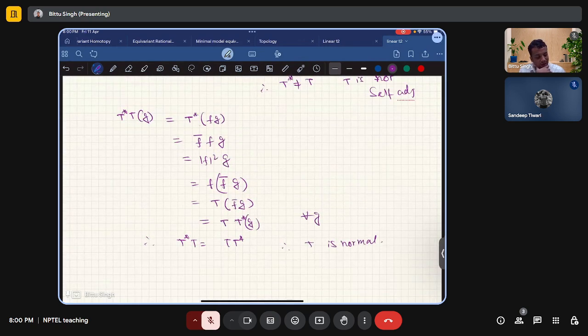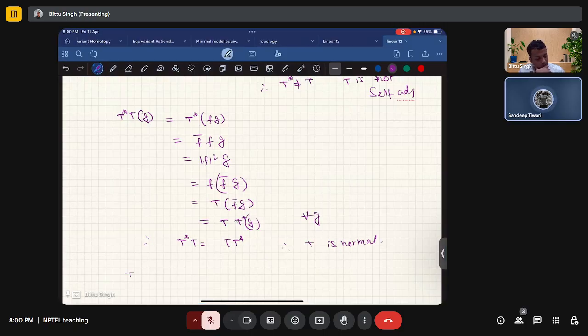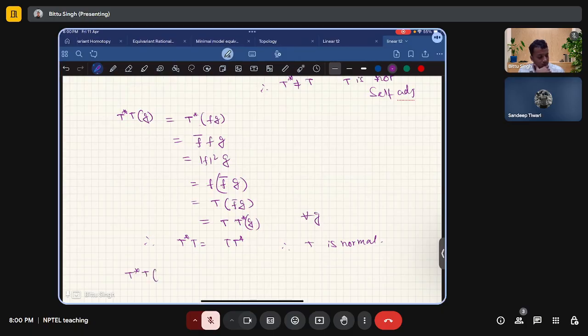Now what about another thing? It is not unitary, sir. Yes. If we assume T star T is identity, then this should hold. But the problem is that this will imply, as we have already computed, that mod f squared g is same as g.